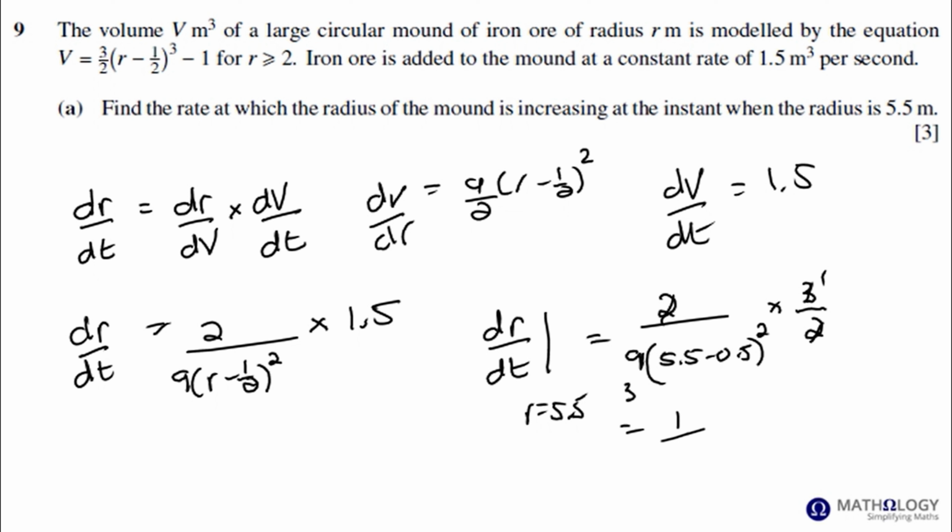So it's going to be a third times 1 over 5 squared, which is 25, which is 1 over 75.